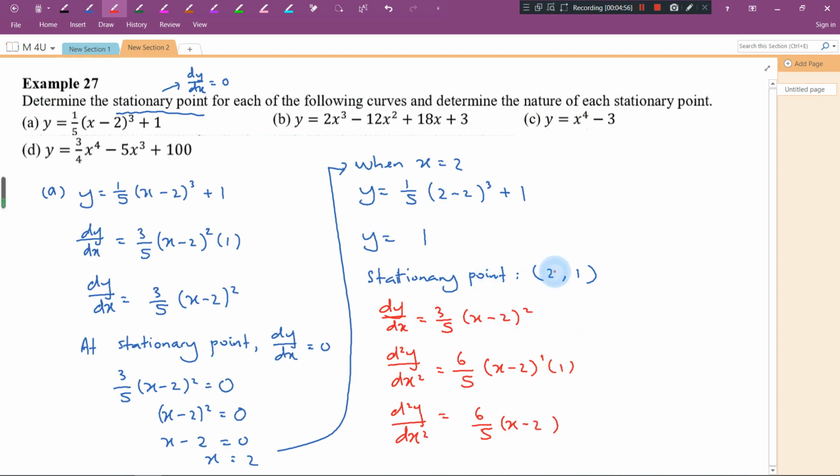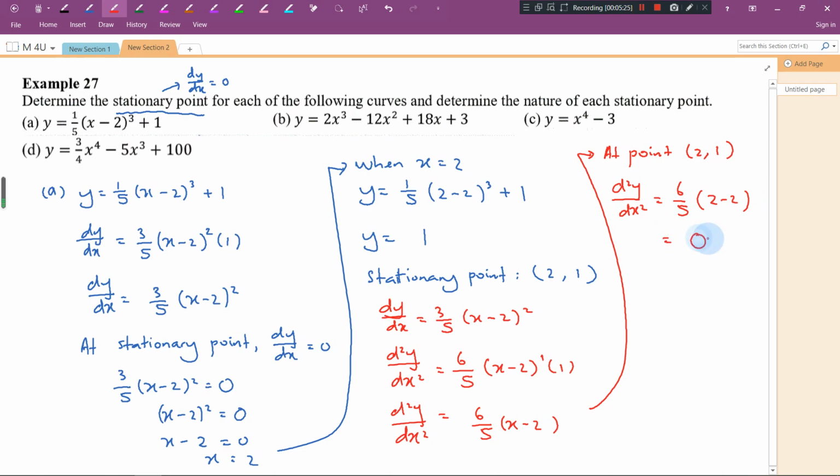I want to test this point (2, 1), so I just need to substitute the x coordinate into the second derivative. d2y/dx squared is equal to 6/5 times (2 - 2). 2 minus 2, you will notice that you will get 0.